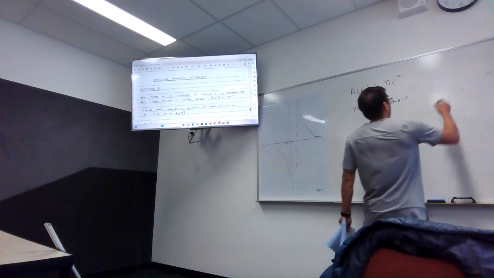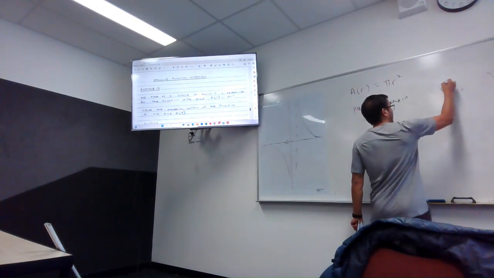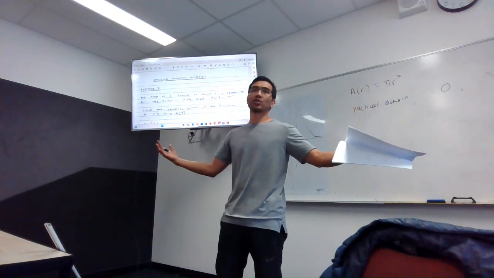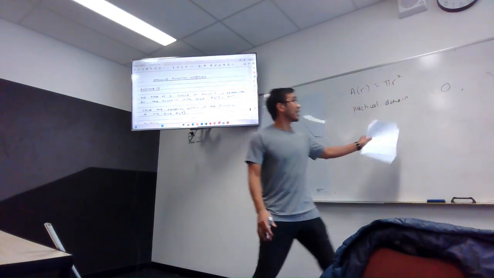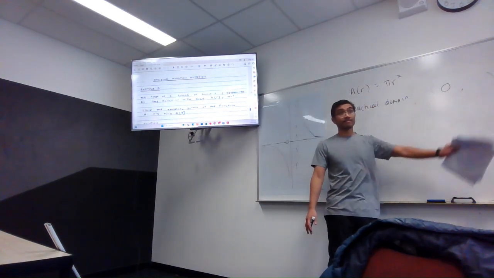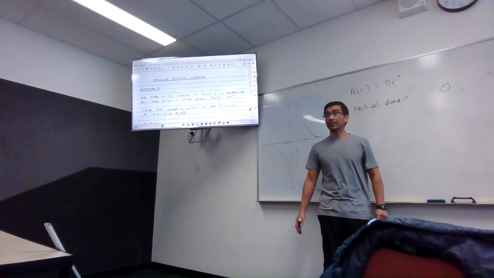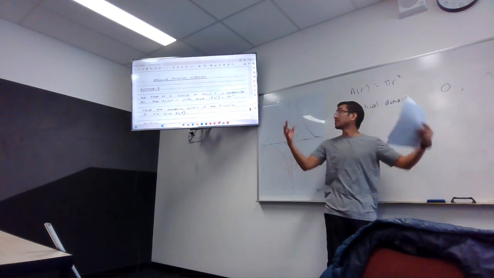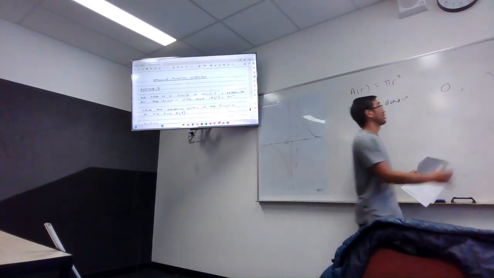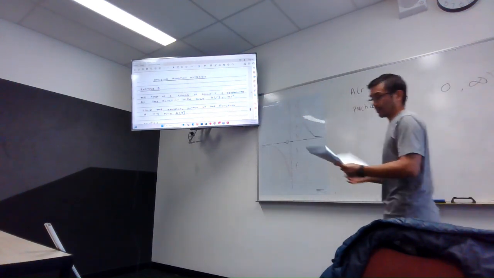Can't have negative area, so we're going to start at 0. You can have 0 area, just not negative. And how far can we take this? How big can this circle be? Infinitely. We can go to infinite.